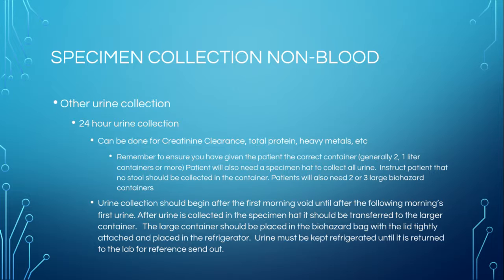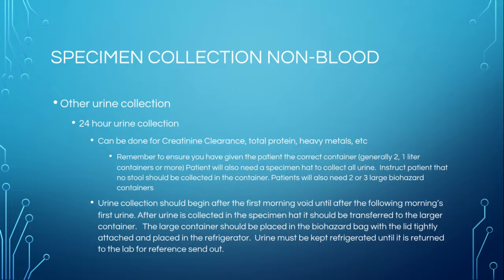You want to be sure that the patient understands that they have to collect all of their urine for a 24-hour period. And you're going to give them the materials that they need. Make sure you give them the correct container. They're 1 liter containers usually. They're a yellow kind of color. They have a little handle on them, a white lid.